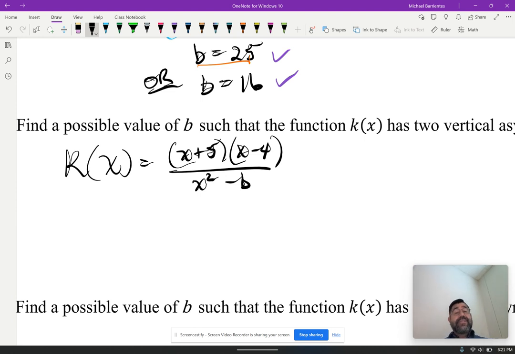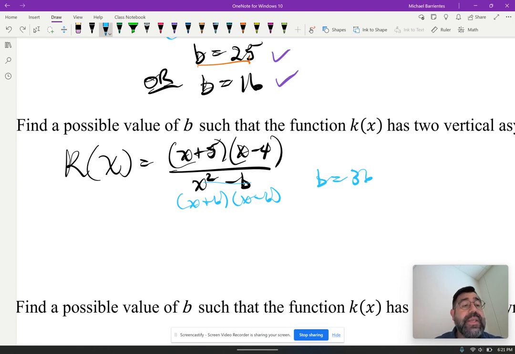The reality is that there's an infinite number of b values. For example, what if b is 36? If b is 36, x squared minus 36 can be factored into x plus 6, x minus 6. Nothing's going to reduce. That means whatever's left over in the denominator is going to make vertical asymptotes. So the vertical asymptotes would be at 6 and negative 6, right?